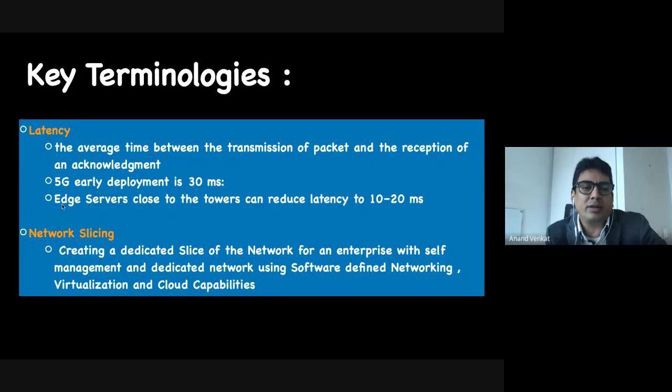And what the telcos are trying to do is, once you are able to softwareize, or convert some of these network functions into software, once you make it software defined, you're able to create a very dedicated compartment of the network for a particular company or a particular industry site or a particular set of industrial sites. We call that a network slice, right?